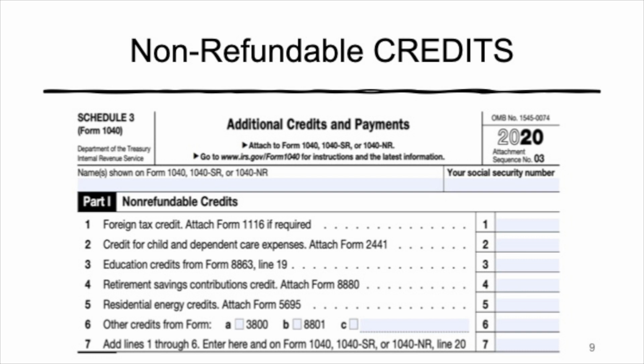Line 4 is Retirement Savings Contribution Credit, attached Form 8880. Information regarding this credit is located in Publication 4012, pages G-13 through G-15. The credit is based upon the taxpayer's adjusted gross income and whether or not they participated in a retirement plan, whether it's an individual retirement account or an employer retirement account.